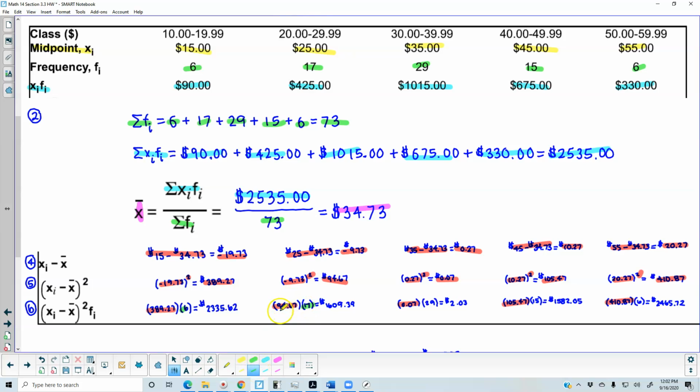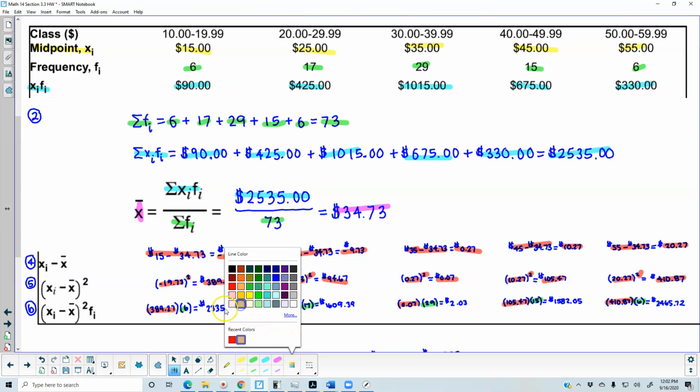So 17 times 94.67 gives us 1,609.39. 0.07 times the next frequency, 29, gives us $2.03. 105.47 times 15 gives us 1,582.05. And 410.87 times the last frequency, 6, gives us 2,465.72.